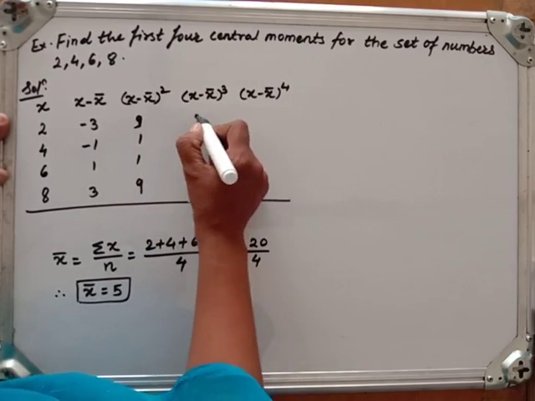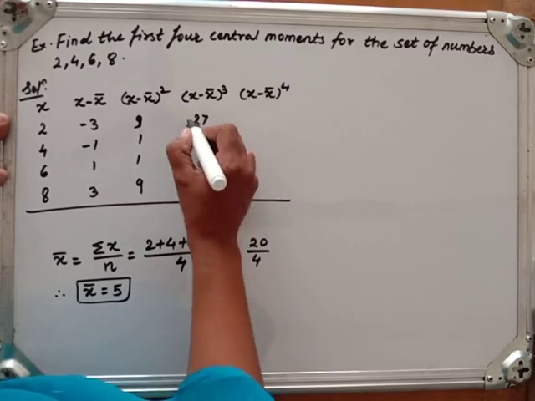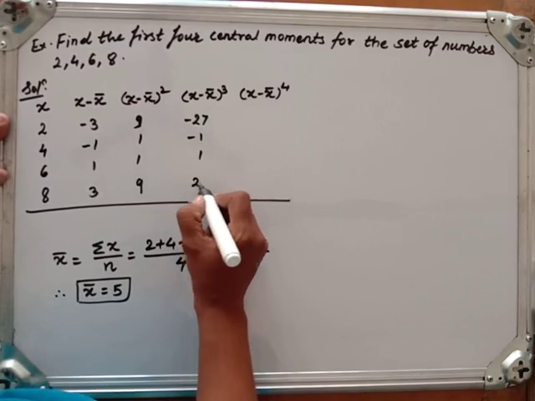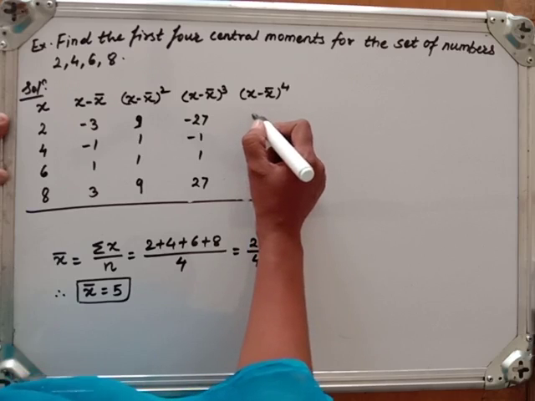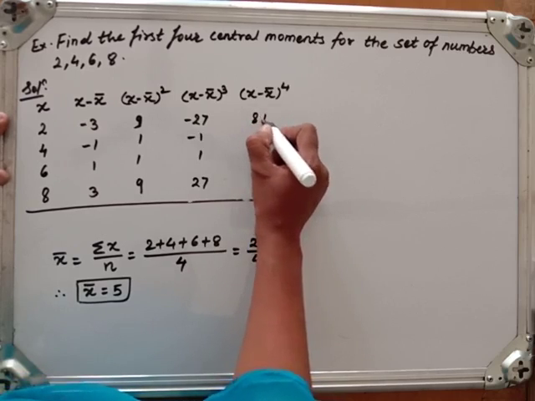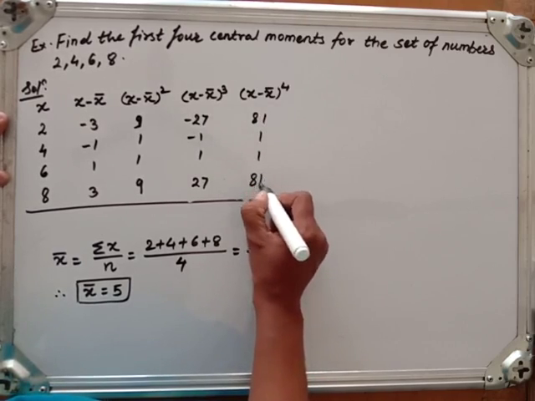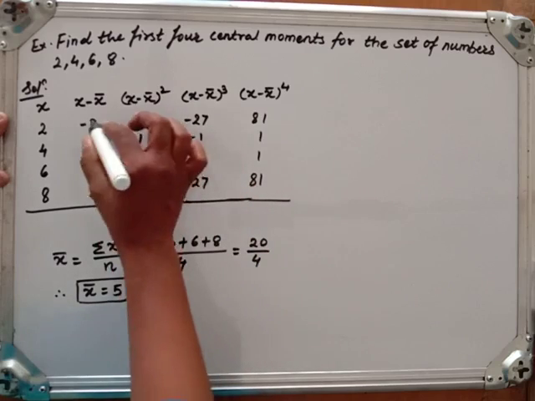Now its cube: minus 27, minus 1, 1 and 27. Then its power 4: 81, 1, 1 and again 81. Now we need the summations of these also.